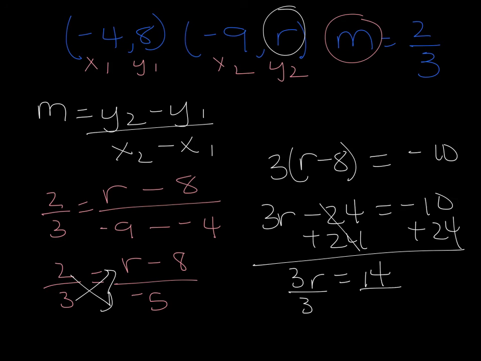Divide both sides by 3, and r is 14/3, or 4 2/3. So this problem, r would have had to be 4 2/3 to make a line that would have had a slope of 2/3.